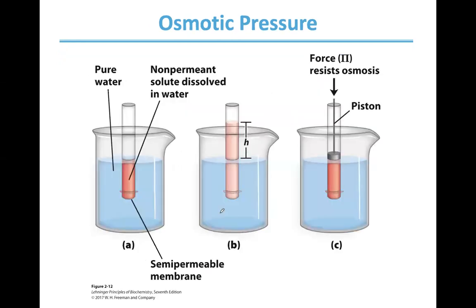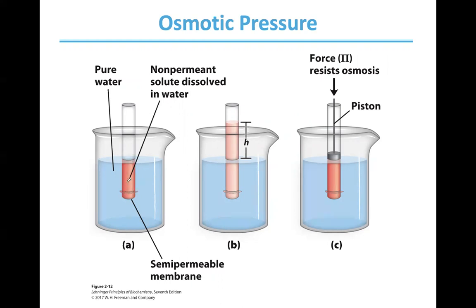So let's look at that. Here's our pure water. This is some kind of solute, right, dissolved in the water in this test tube. And there's a semi-permeable membrane. What this membrane does is allow water to go through, but not the solute.